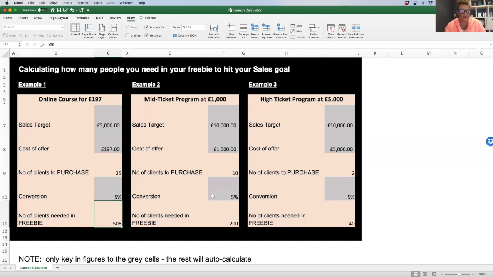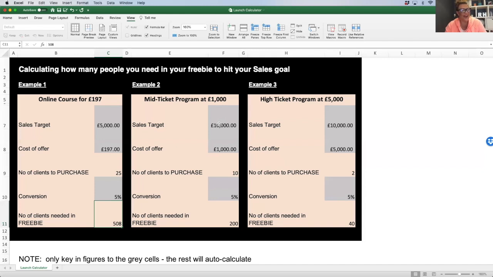If you convert at 5%, that means that you need 200 people in that webinar or challenge to sell to your 10. And when those 10 buy at £1,000, you will hit your £10,000 target.